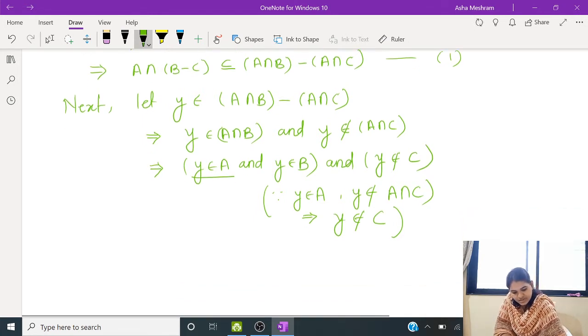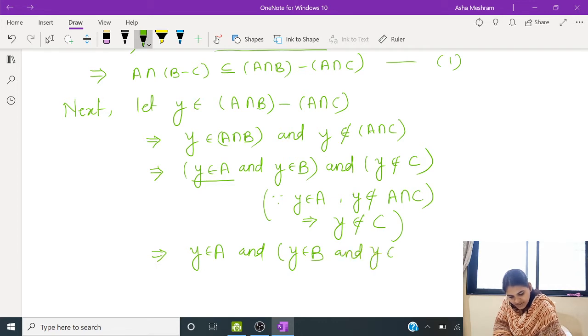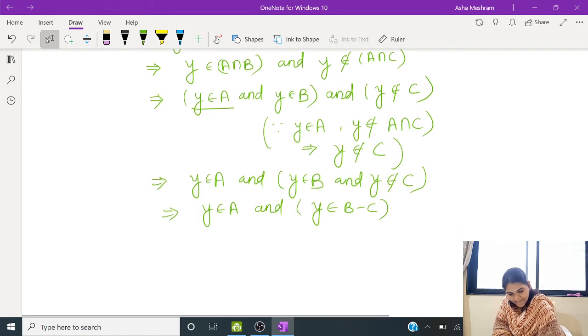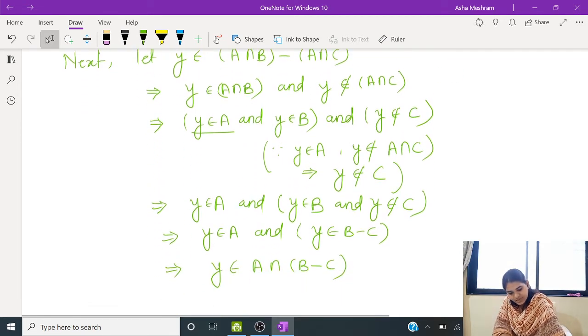Okay, so here we consider only that Y does not belong to C, and here we take Y belongs to A and Y belongs to B and Y does not belong to C. By the definition of difference of two sets, Y belongs to B minus C, and this gives me that Y belongs to A intersection B minus C.